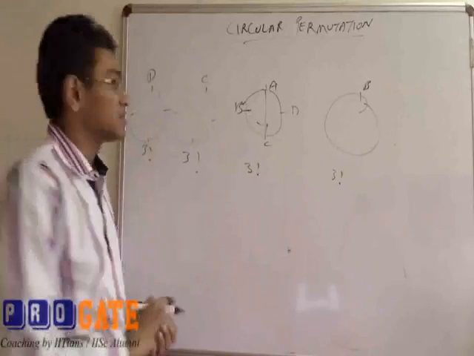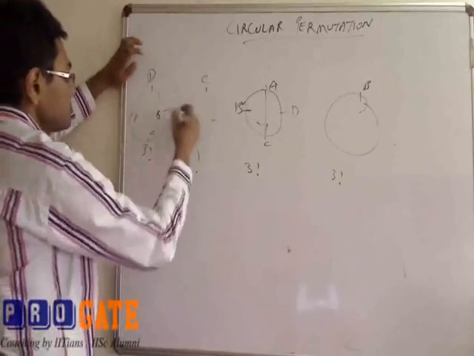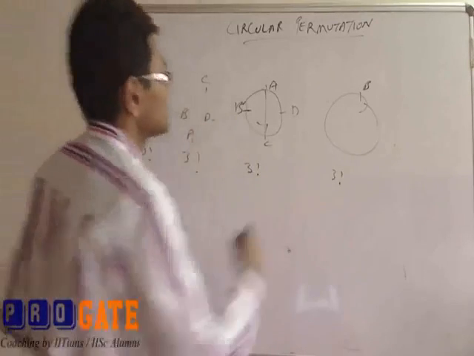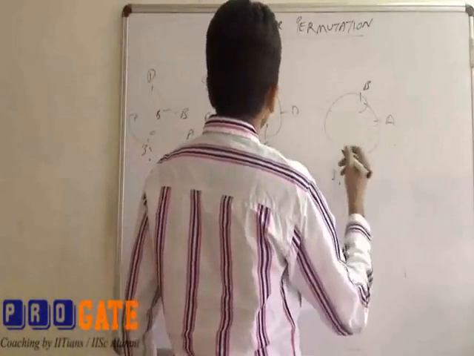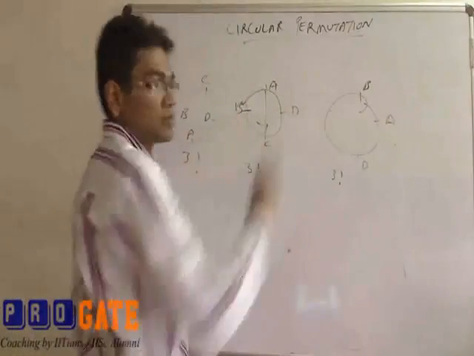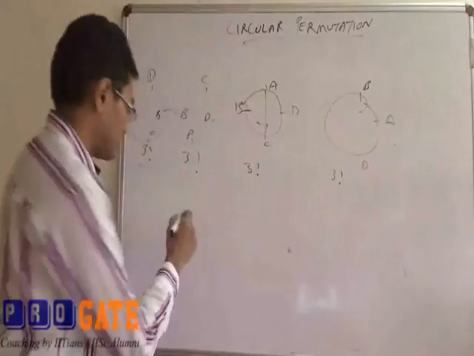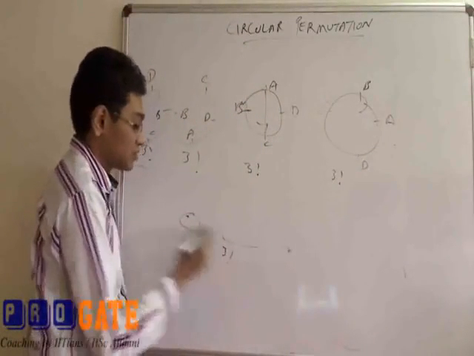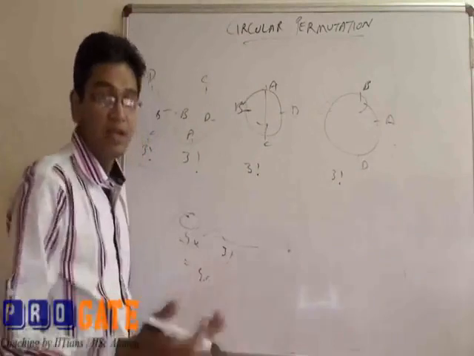This was even true in the linear case. In the linear case, the first position can be occupied by any of A, B, C and D, and each of these was 3 factorial, so we multiplied by 4 and we got the answer as 4 factorial in the linear arrangement.